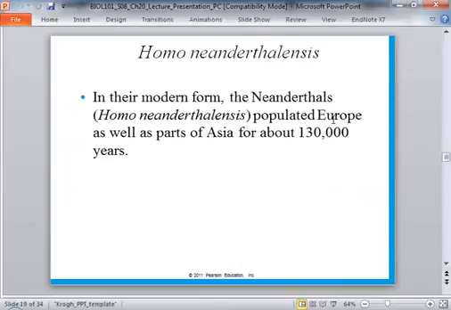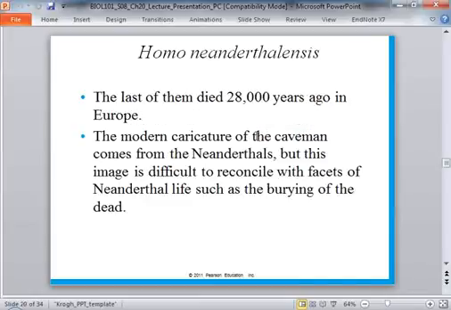So the hominins that we're looking at, one of them is Homo neanderthalis. Neanderthals populated Europe as well as parts of Asia for about 130,000 years. And they die out about 28,000 years ago. And your modern idea about caveman comes from Neanderthals. And Neanderthals are on a separate line from humans.